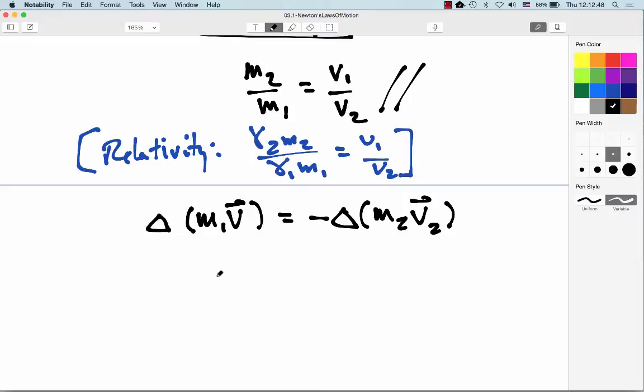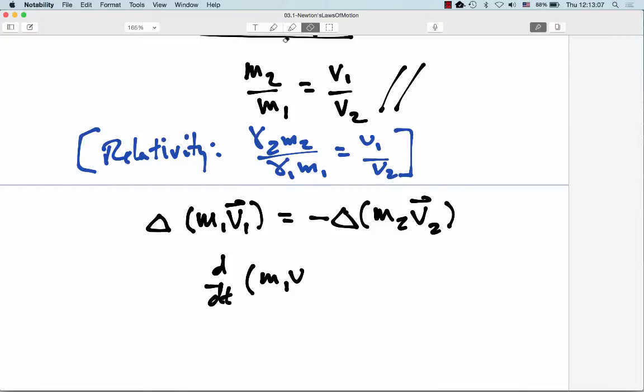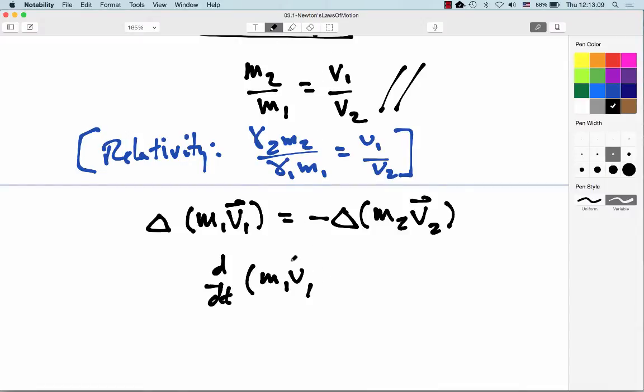The minus sign here is simply because one of these is going to the right, the other one's going to the left. If we follow this through into the land of differentials, this would mean that d/dt of m1 v1 would be equal to minus d/dt of m2 v2.